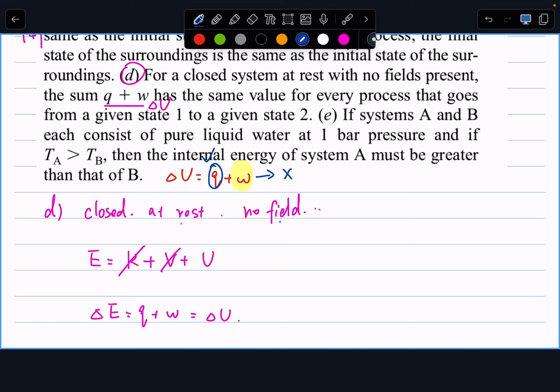As a result, we cannot conclude what delta U is going to be for your systems A and B. All right, so just keep in mind, we have 3 things, right? You want to know at least 2 of them so that we can use our law of thermodynamics. But in this case, we only know 1 of the 3 things, so we can't make any conclusion. So this one is false.